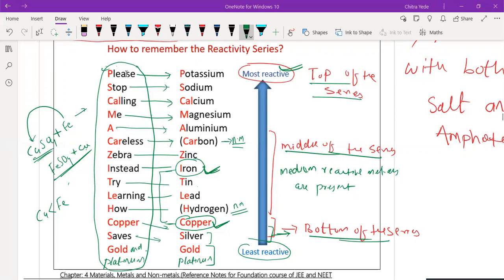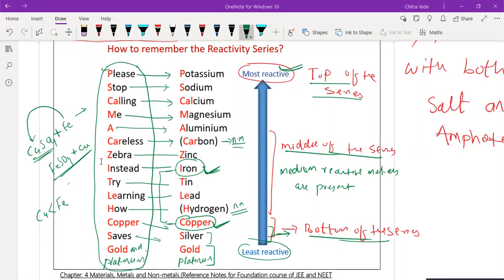You have to remember, you have to learn by heart: please stop calling me a careless zebra. Instead, try learning how copper saves gold and platinum. By this trick you can remember the metals in proper sequence from highly reactive metal to medium reactive metal and from medium reactive metal to least reactive metal.